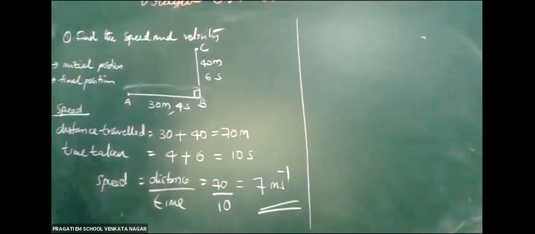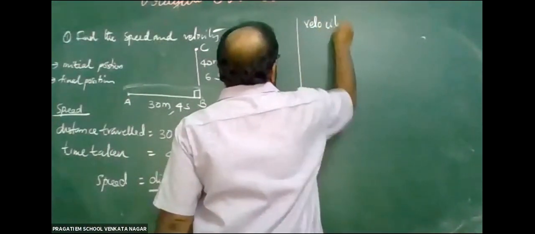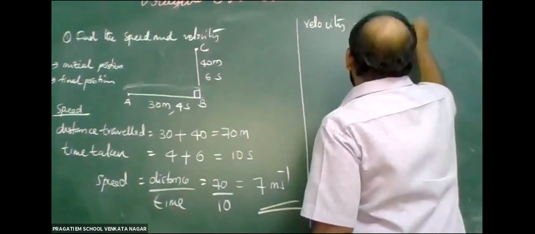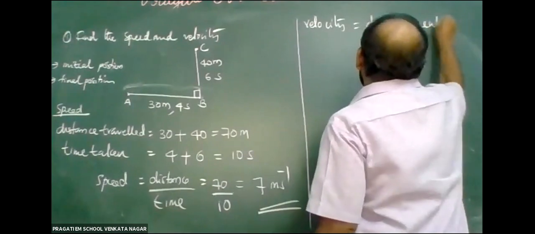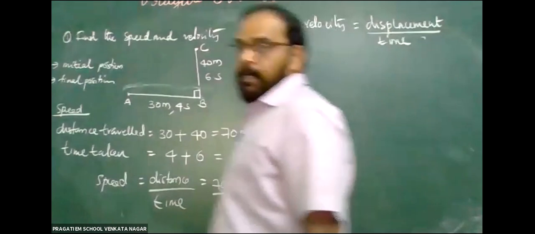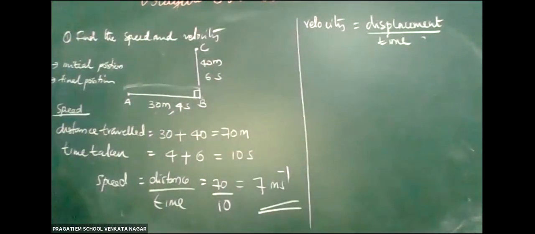But in the case of velocity, we know it is displacement by time, not distance by time. So what is the displacement?